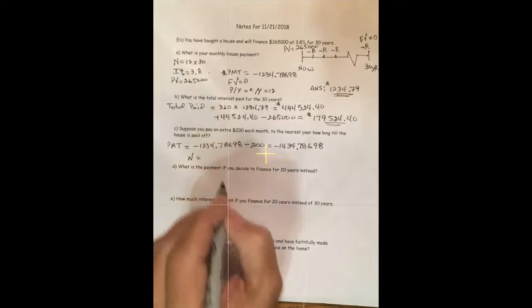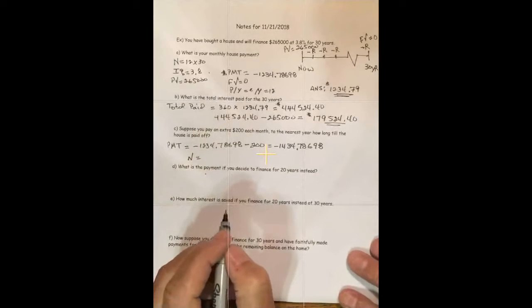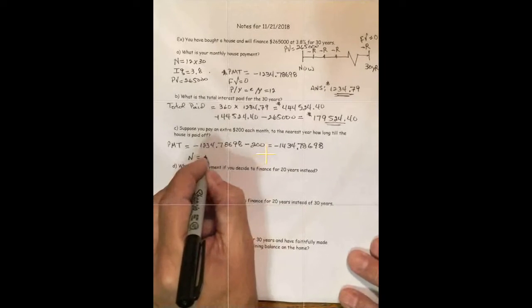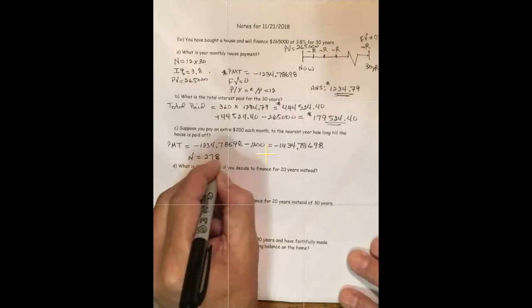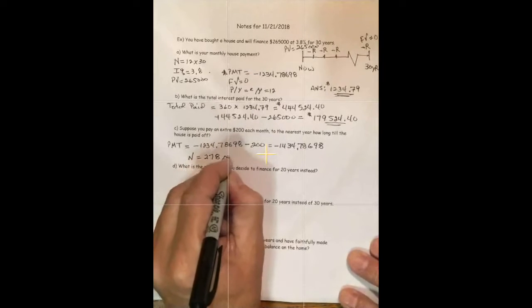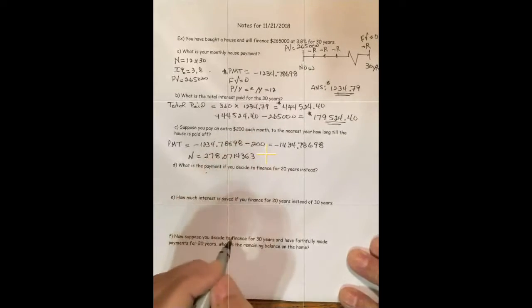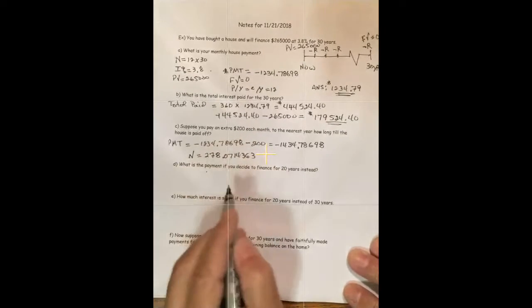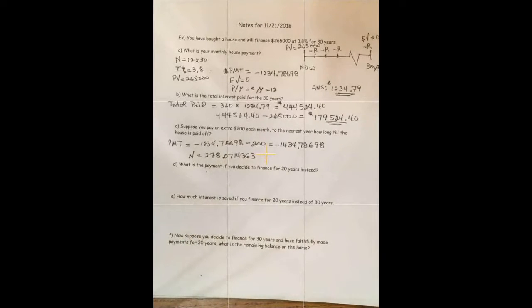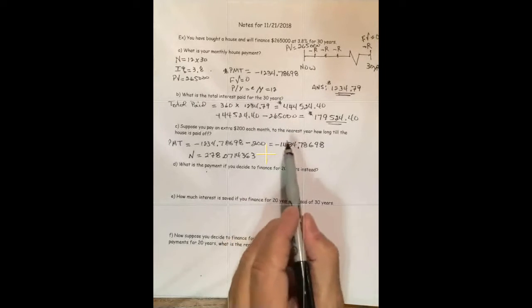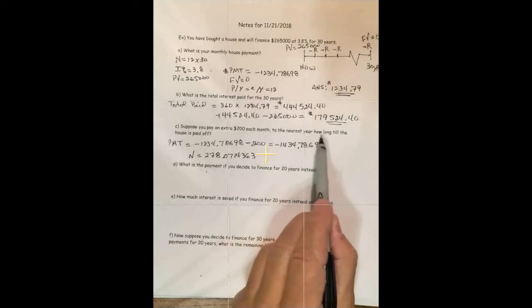So we're going to solve for N, and what you will find is N is equal to 278.071433. So that's about 278 payments.